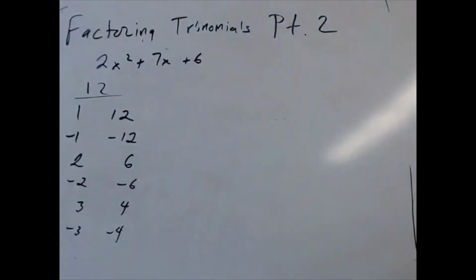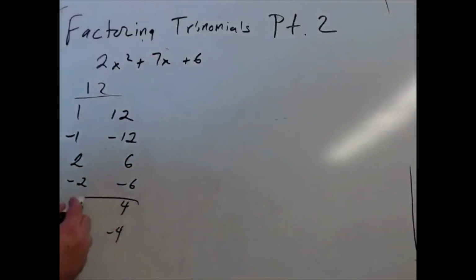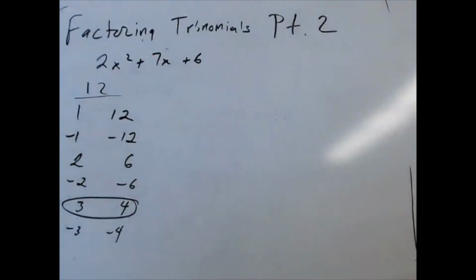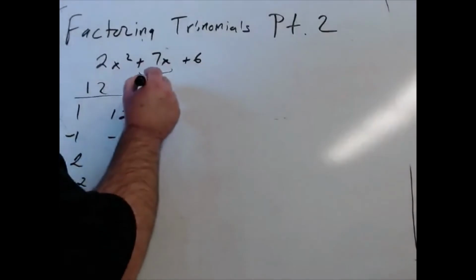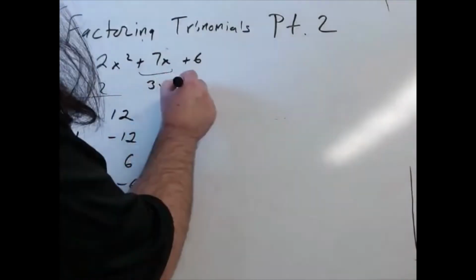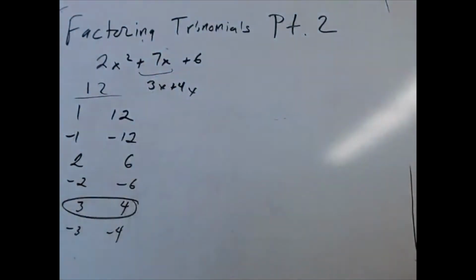Of course, same as before, what I'm going to do is take this middle term and split it into 2 pieces. So which of these pairs of numbers add up to give me 7? It looks like it will be the 3 and the 4. So what I'm going to be doing is splitting the 7x up into 3x plus 4x. Okay?